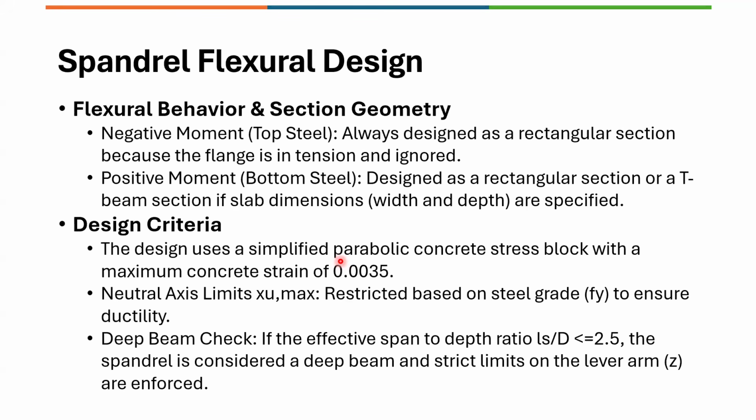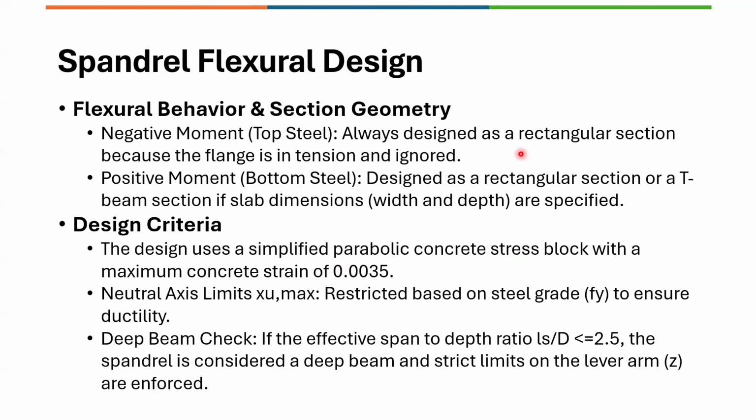And spandrel design, the flexural design, it can design for both rectangular and T section. So again, you have the analysis section versus design section here. So the program allows you to specify the dimension of the design section directly when you right click on a spandrel. The overrides, you can do this.